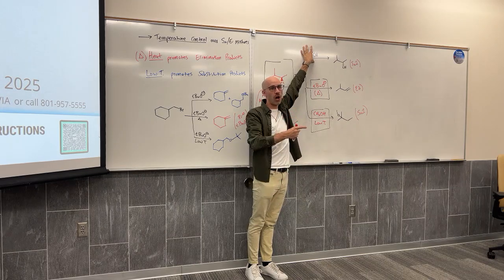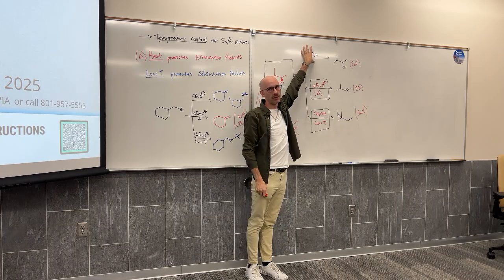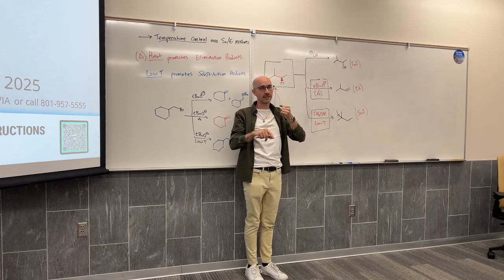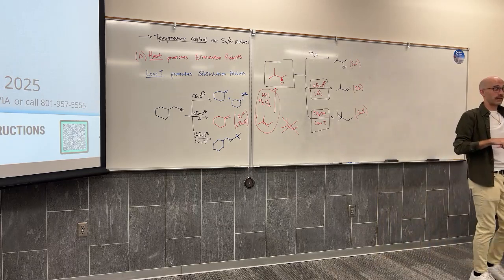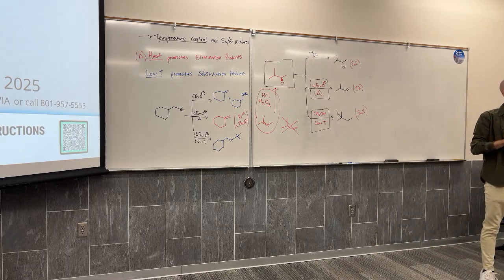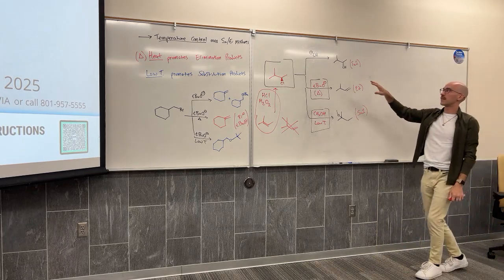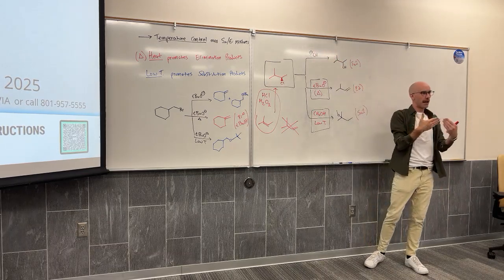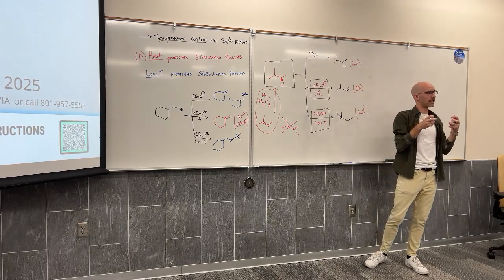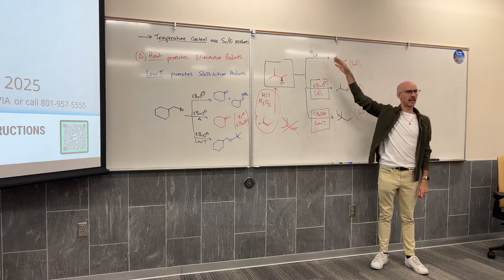If you run this in water or ethanol or acetic acid, it can start strongly bonding with your nucleophile and slow it down. You run these reactions in polar aprotic solvents: acetone, DMSO, THF, any sort of ether. They still dissolve your nucleophile, but they don't hold it back quite as much. They don't solvate it quite as strongly, so they can allow it to run.